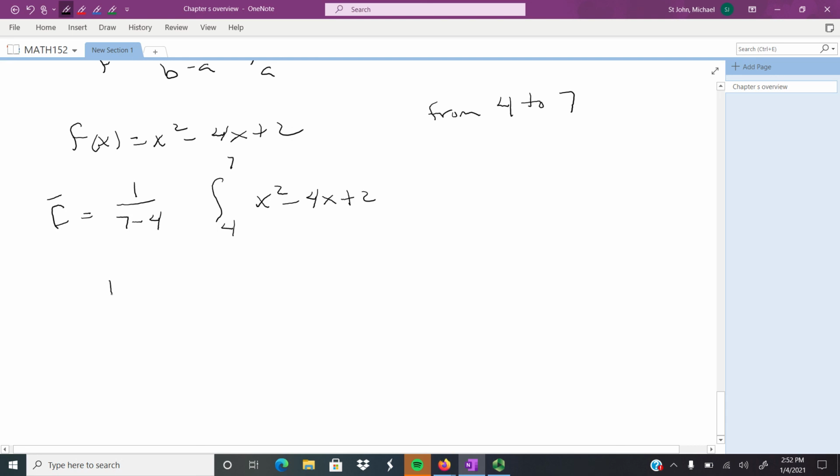So this will give us 1/3 times the integral. The antiderivative is x cubed over 3 minus 2x squared plus 2x, evaluated from 4 to 7.